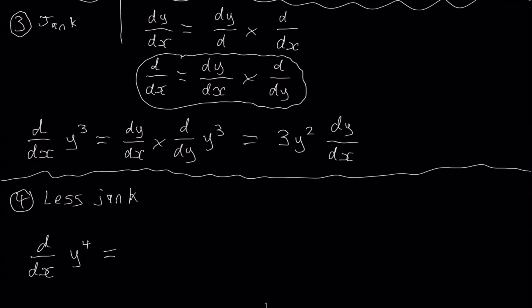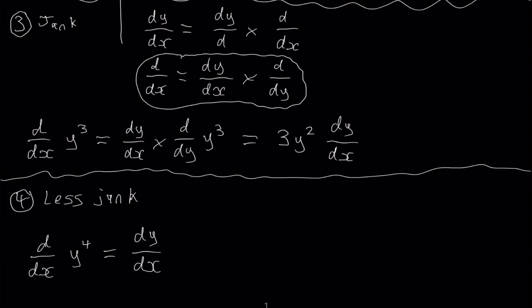Now if we consider the chain rule directly as we've first learned about it, we know that we have to find the inner derivative and then multiply by the outer derivative. So if we consider our function y to the power of 4 here, our inner derivative will be the derivative of y with respect to x, which of course is dy over dx.